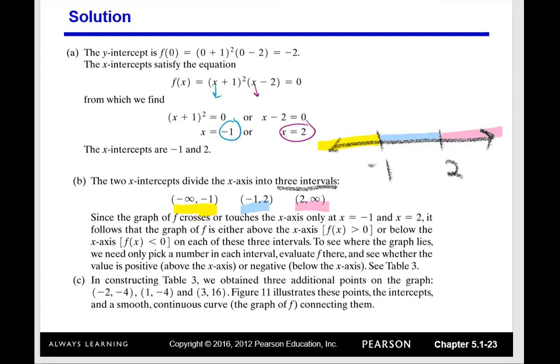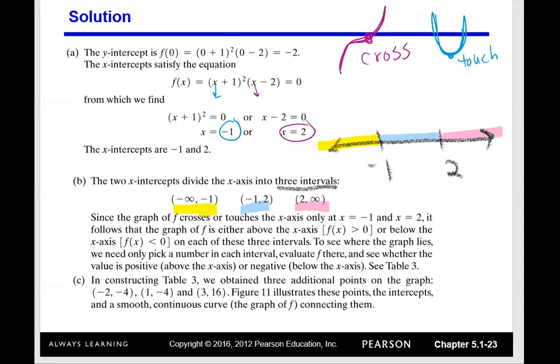When you have a multiplicity of an odd number, so a 1 or 3 or 5, remember that odds have this kind of a look, so they're always going to cross. But evens have a parabolic look, so they're always gonna touch.